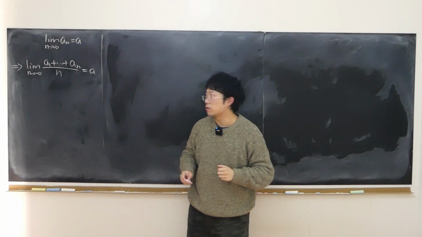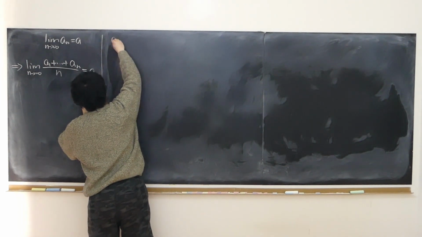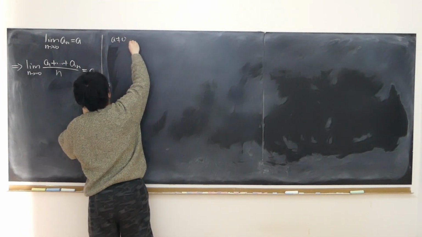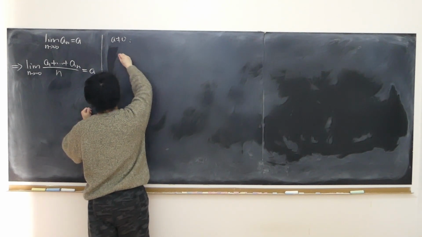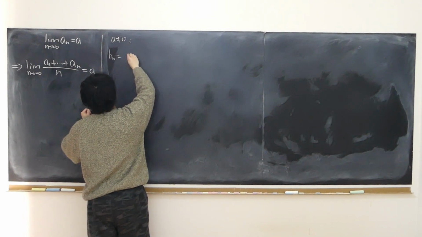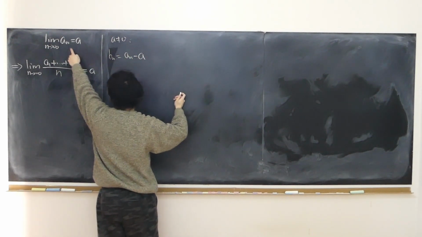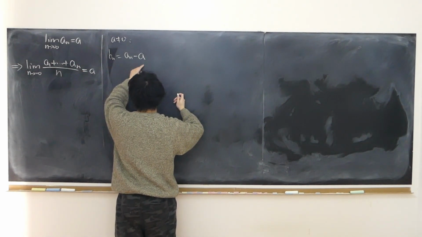Now that I'm done with the special case when A is equal to 0, what if A is not equal to 0? In this case, we can simply construct a new sequence, Bn, equal to An minus A. An approaches A, so An minus A approaches 0.